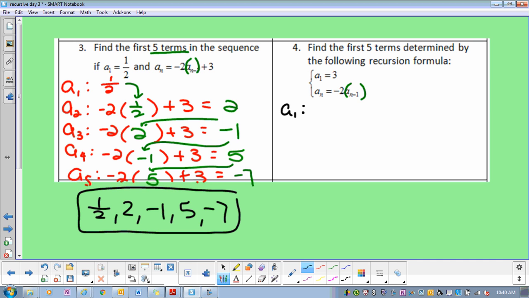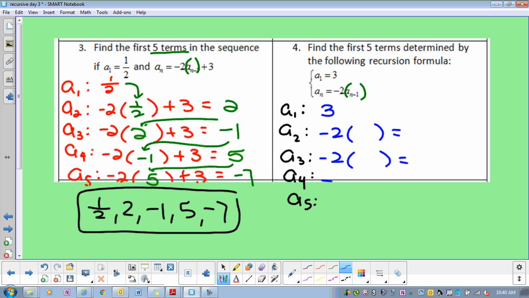Same thing, right? 1, 2, 3, 4, 5. First number is 3. Oh, this one's nice. All you have to do is just multiply by -2, right? So plug it in.